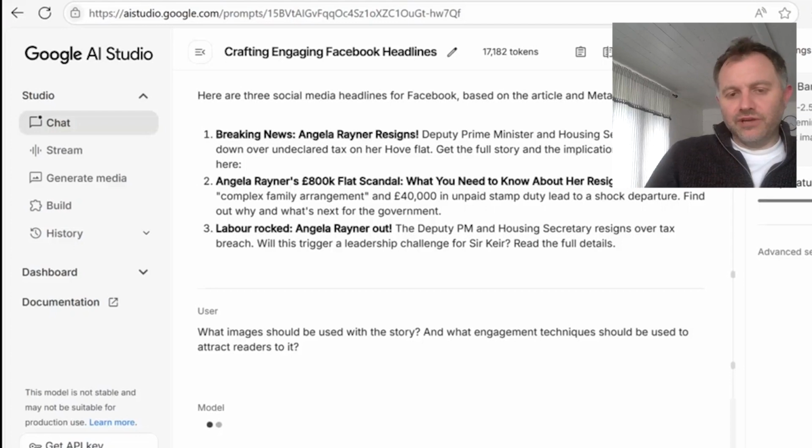So again, it's kind of developing a bit of a deeper understanding of how these platforms work, which can be really helpful in terms of getting your story further on social media.